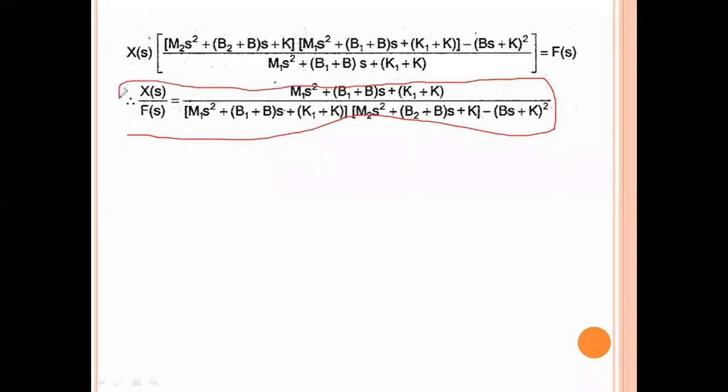Maybe this term is very big to look at, but it is very simple to solve. This is how we can get the transfer function of mechanical translational systems.